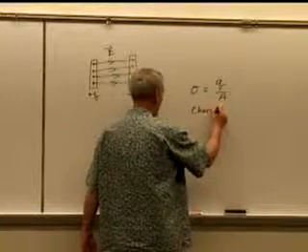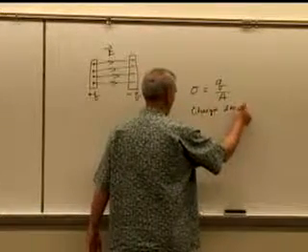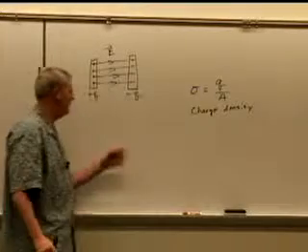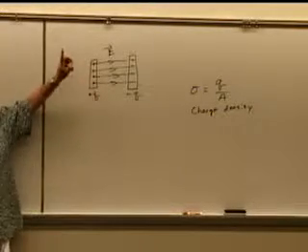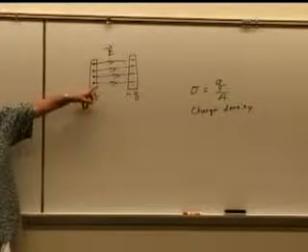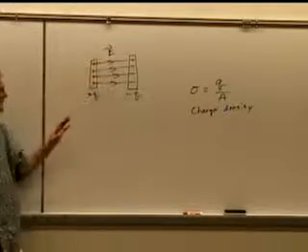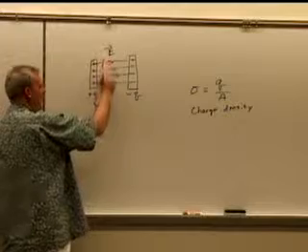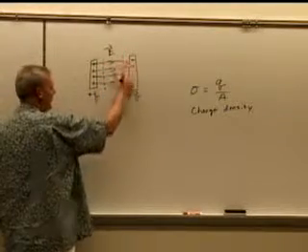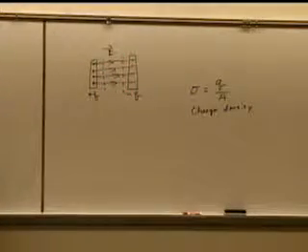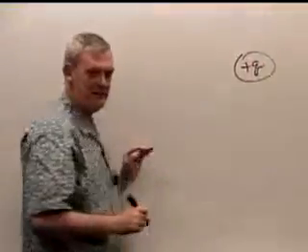Now, the other thing you need to know about what's going on inside of these parallel plate capacitors is this. The strength of the E field right here is the same as the strength of the field right there. It's uniform throughout. That's very different from our good old point charge. Let's take a positive Q point charge right here.